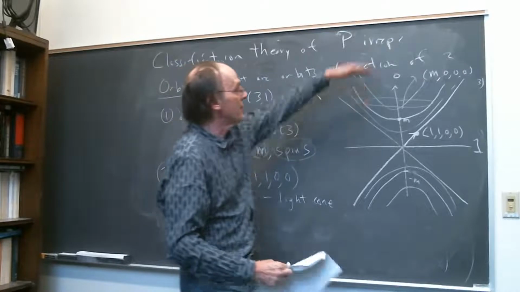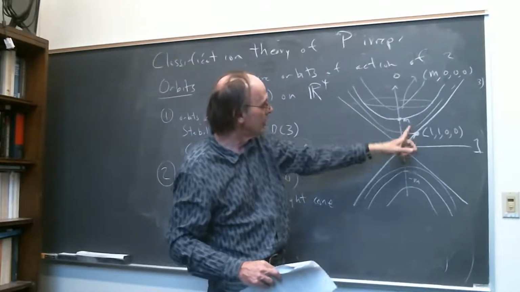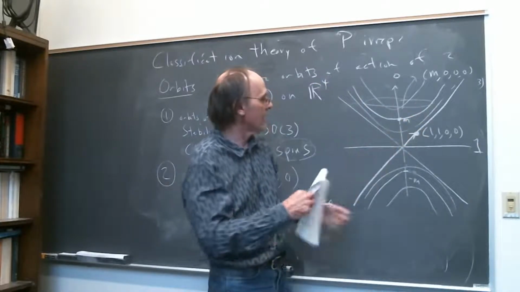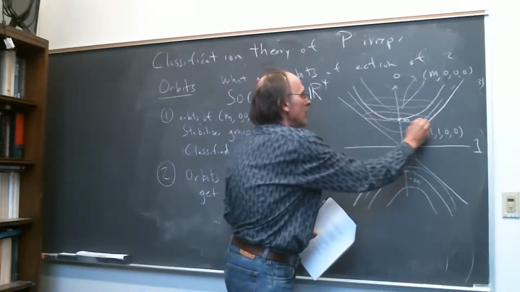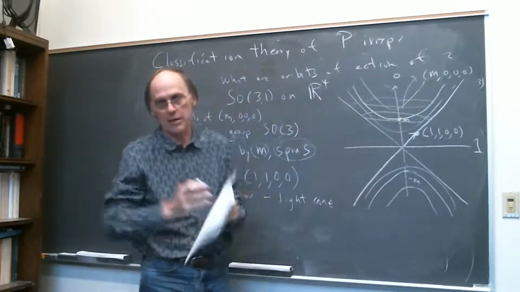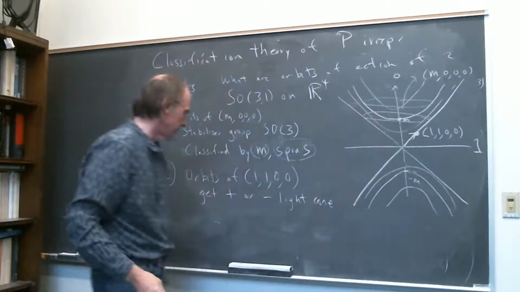So it's going to be kind of the degenerate thing: these hyperboloids are going to degenerate to something that looks like this. You think of it as a cone going out, but it's got another dimension besides the dimension that you could see here.